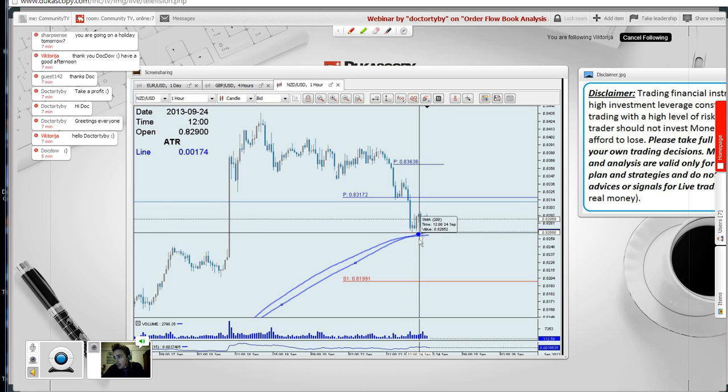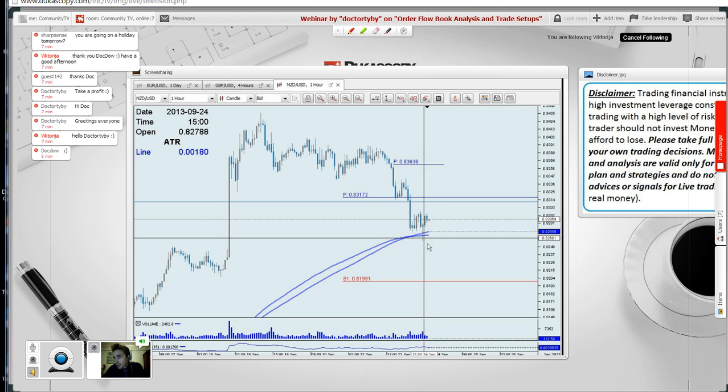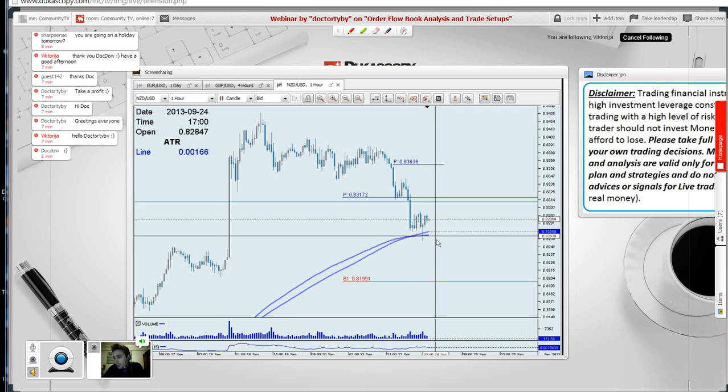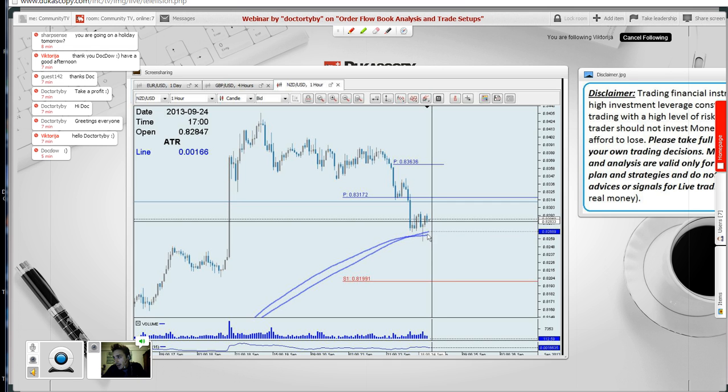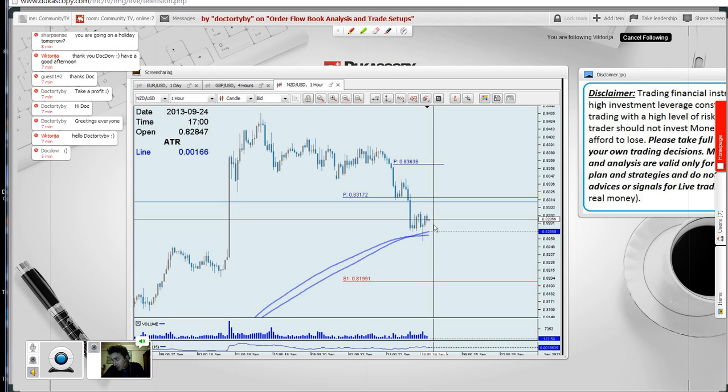Fake breakout under the 0.8270, 0.8260, which is the 200 simple exponential moving average on the 1 hour chart, and then moved back around 30 pips to the upside. Let's see if it will confirm the move to the downside and go back to 0.82. Anyway, I don't want to talk about New Zealand dollar right now.